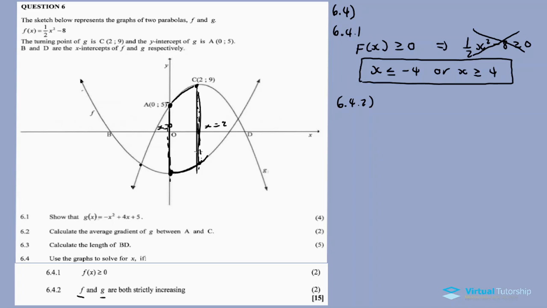This is the x coordinate for the turning point C. So therefore it means the graphs increase at the same time whenever x is between 0 and 2. So this is our final answer for 6.4.2.